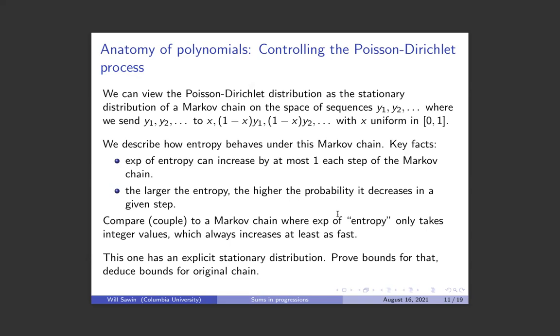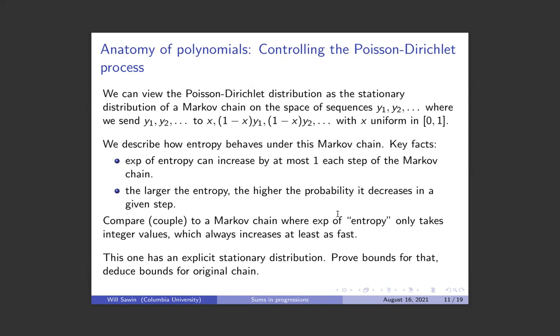Then we look at how likely it is to increase, and we make our new chain increase by exactly 1 whenever the previous entropy was going to increase. And we make it decrease by 1 whenever the previous one was going to decrease by at least 1. And then we'll make it stay the same any other time.